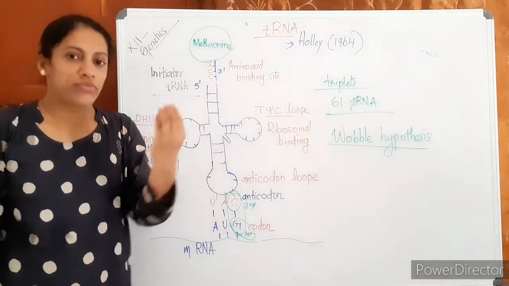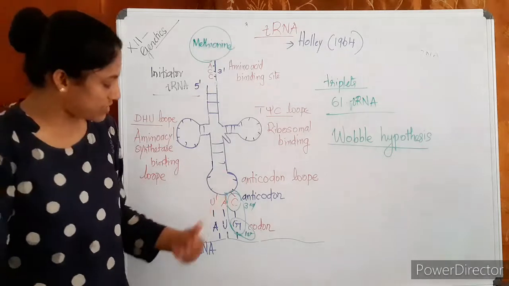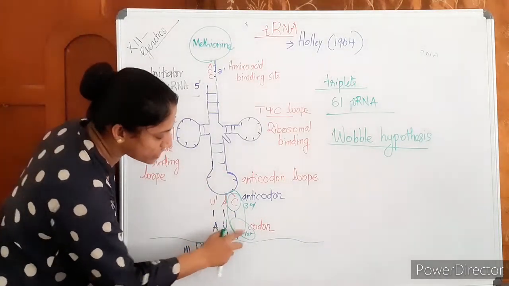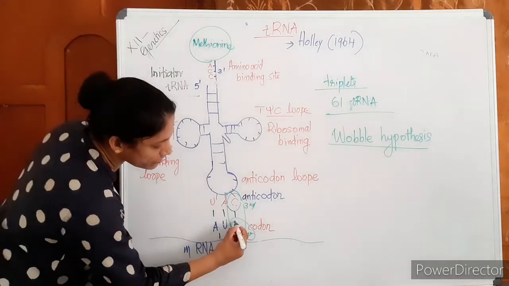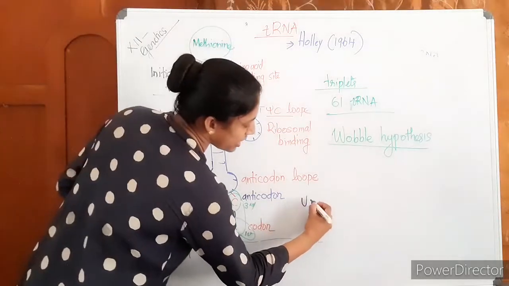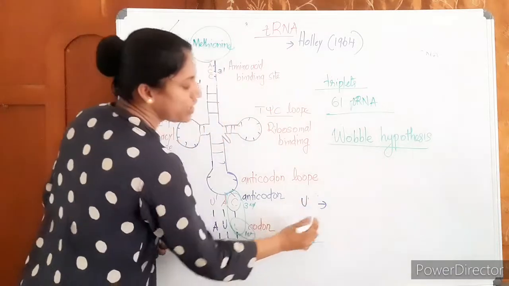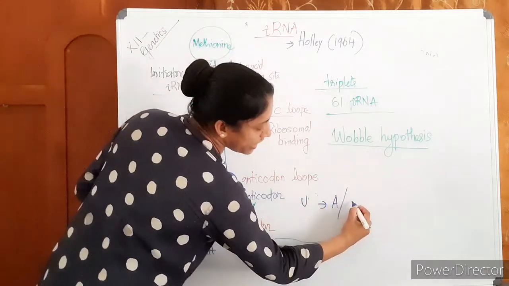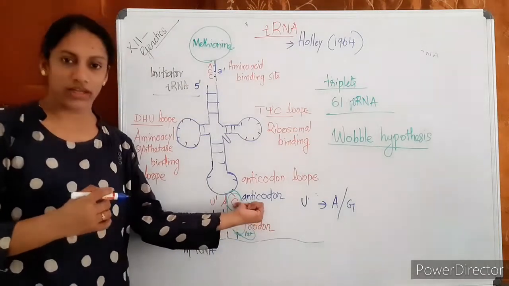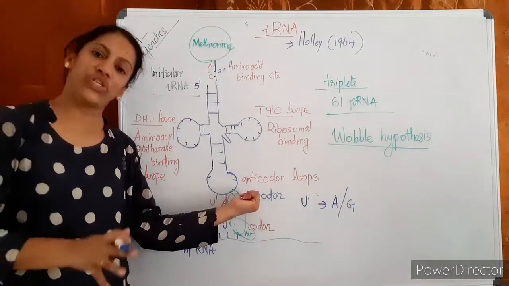So the requirement will be less than 61 different types. Okay, just as an example, it is not non-complementary everywhere. If U is the first nucleotide of the anticodon, it can pair either with A or with G. Normally, if U is coming here, what should be there in the codon? There should be A. But it can pair with G also.